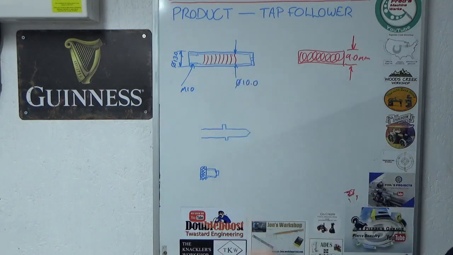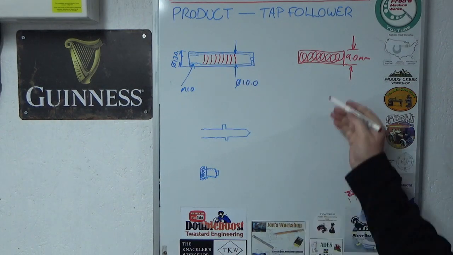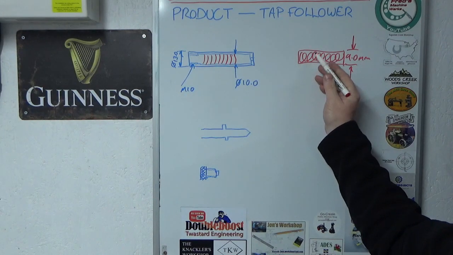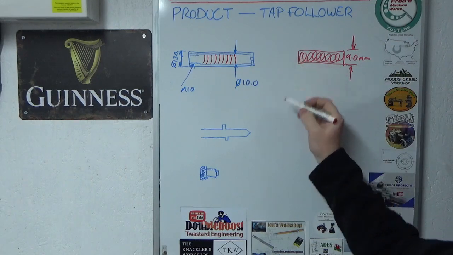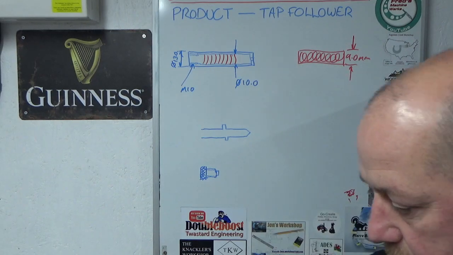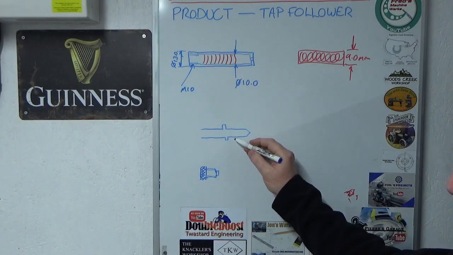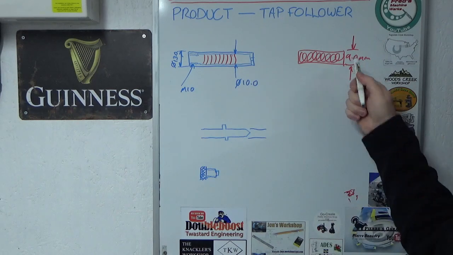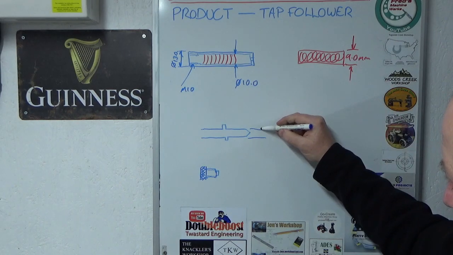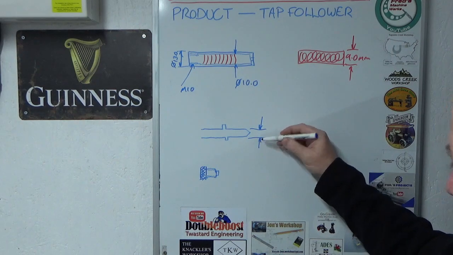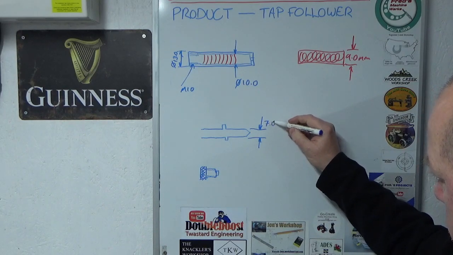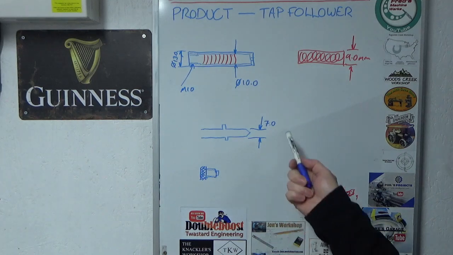If we assume that spring's got, I don't know, a 1mm wire section or thereabouts, so if I take a mil off one side and a mil off the other, that means my bore size, which is effectively my maximum pin diameter, if I now draw that in, is probably 7mm ish potentially, and all of these dimensions are yet to be verified. I'm still waiting for springs to turn up, so I don't really know. So we'll say 7 for now on that spring size.